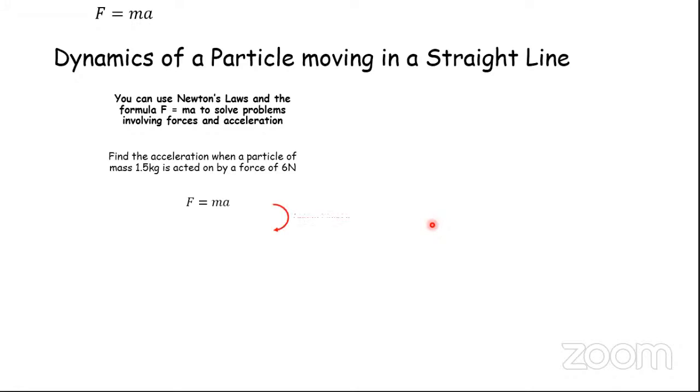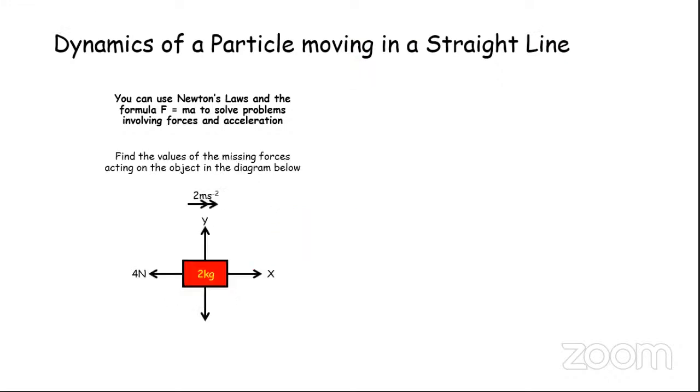The F is 6, and the m is 1.5. After that, we are going to divide by 1.5 both sides. And when we divide, we shall get an answer of 4. Is that clear? Yes, teacher.